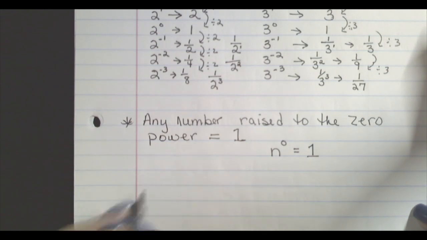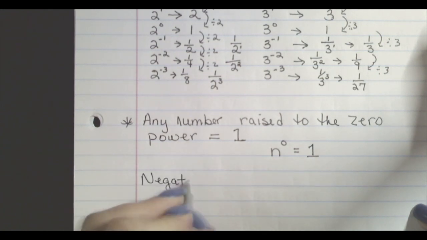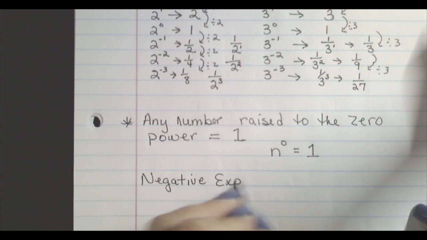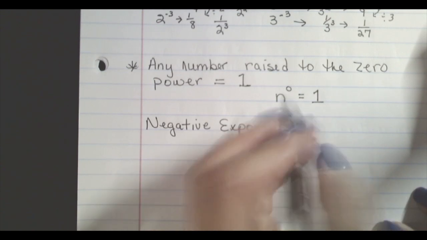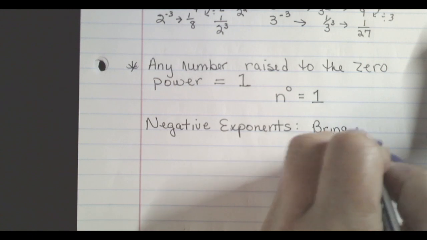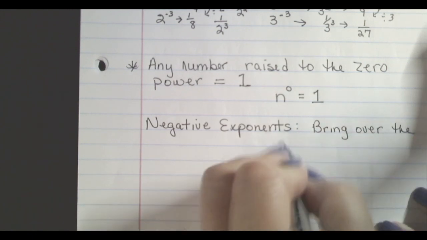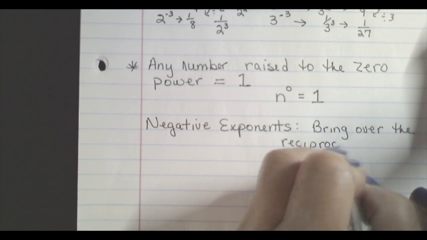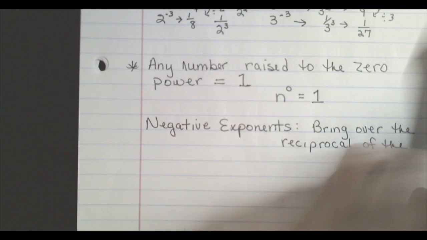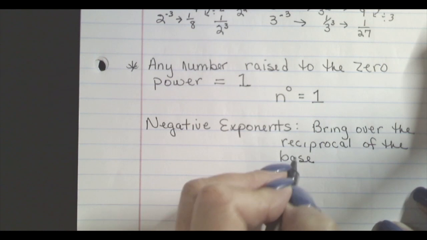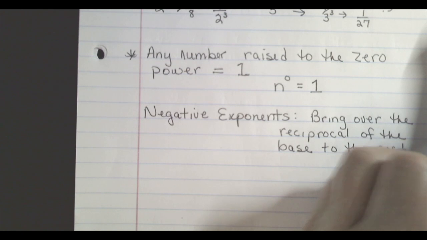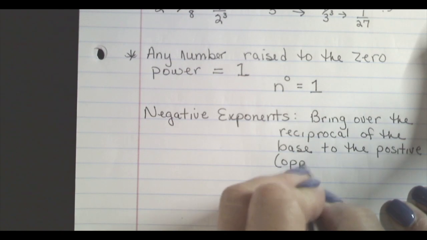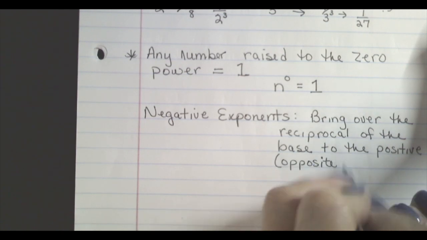Now for our negative exponents, bring over the reciprocal of the base to the positive, which is really the opposite exponent.